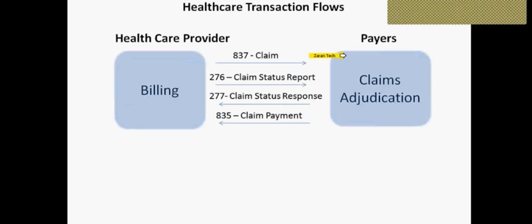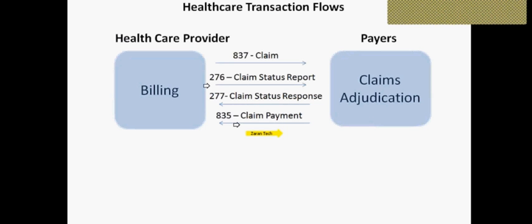That means they would process the claim. And if the claim is successfully adjudicated, if it passes, they think that whatever amount has been billed and charged is actually reimbursable, then they would send the same claim back to the provider, but in the form of an 835 transaction, right? So that's how the information flows.